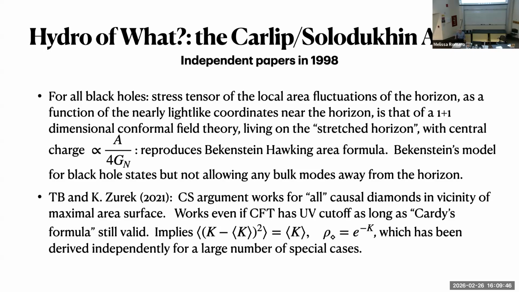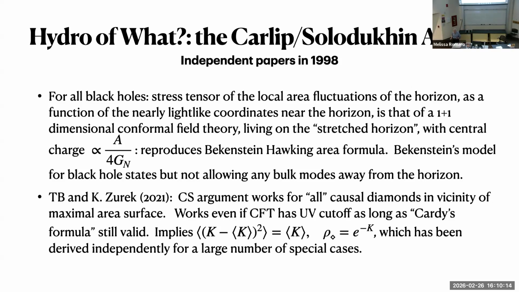So now I want to talk about another paper that was written in 1998. It's actually two different papers written independently by Steve Carlip and by Sergey Solodukhin. They considered black holes. In 2021, Catherine Zurich and I rediscovered these papers, and we generalized their argument to general causal diamonds.